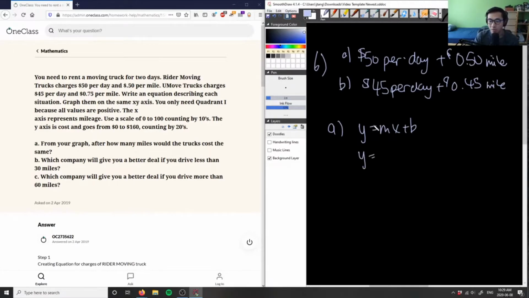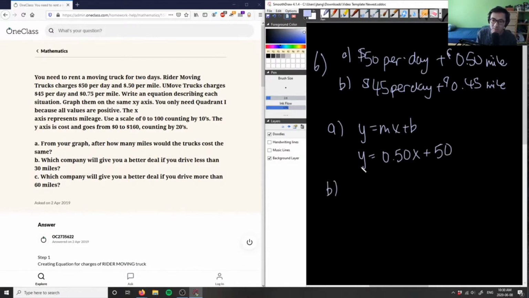In this case, the slope is my rate of change, which is 50 cents per mile, so my slope is 0.50 x. Plus b, which represents our initial cost, and the initial cost per day is $50 per day. If you were to not even drive a mile, and you rent a truck, it's still going to cost $50 a day. So I'm going to add $50 here.